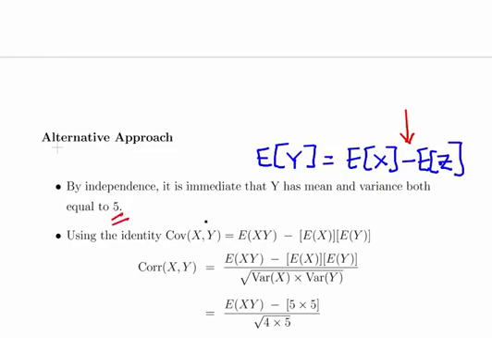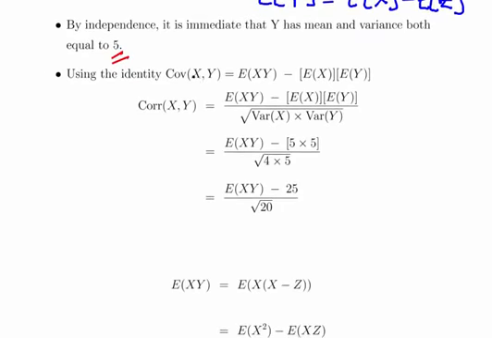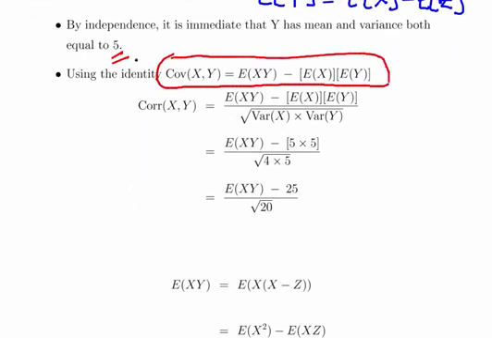Now this is an important identity to remember, and it's the reason why I'm doing this a second time using this approach. So the covariance of x and y is the expected value of x times y minus the expected value of x times the expected value of y. And we just work those out: 5 times 5.